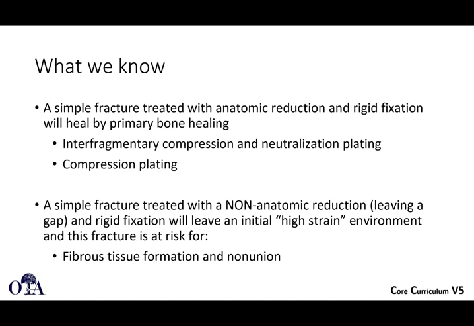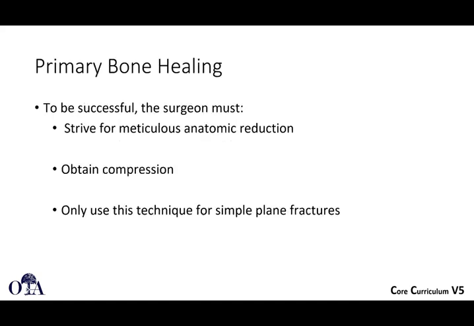You really have to go and sit down and review Stephen Perren's strain theory of fracture healing to understand this concept. It's a little difficult to explain very easily in a short slide presentation. And if you have a high strain environment, that's at risk for fibrous tissue formation because you can't form bone, and nonunion.